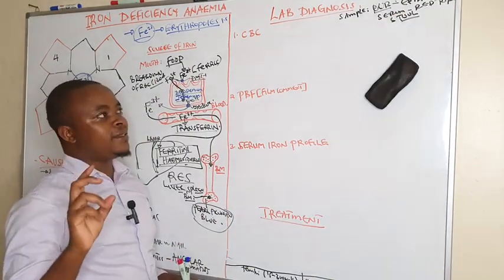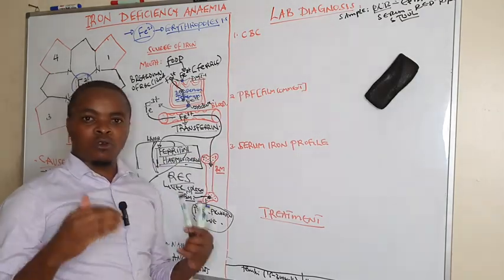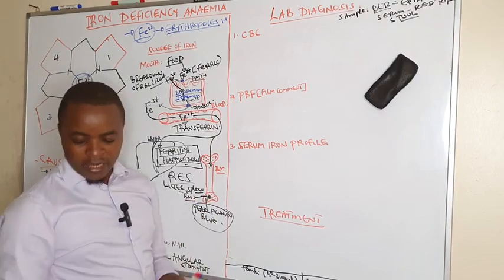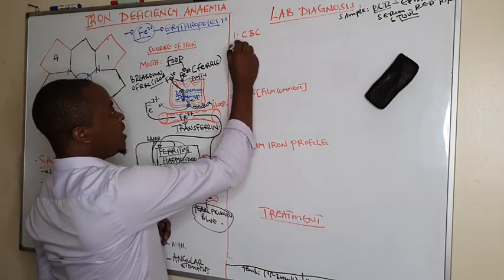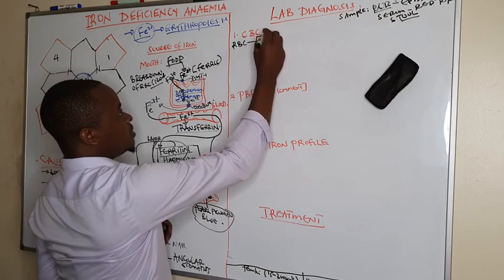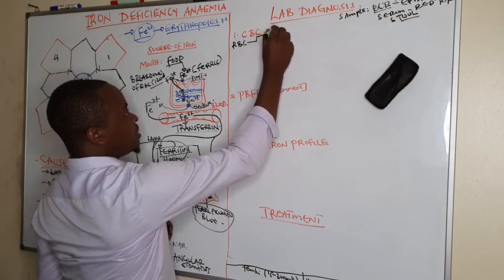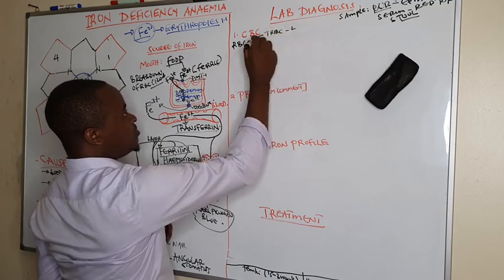And after getting these samples well collected, we do a CBC, which we call complete blood count. Under complete blood count, under RBC, we shall find total RBC count is low, or sometimes it can be normal.